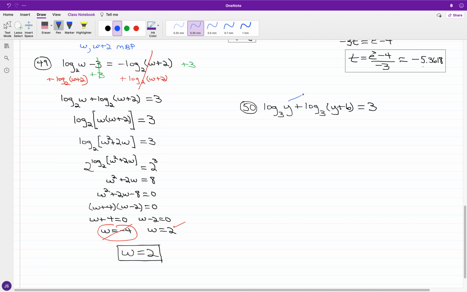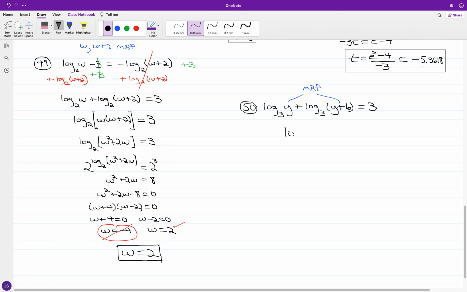Again, whatever I have for y and y plus 6 must be positive. And again, in this arrangement, we have base 3 logarithmic terms added together.